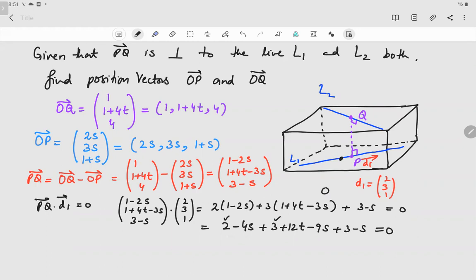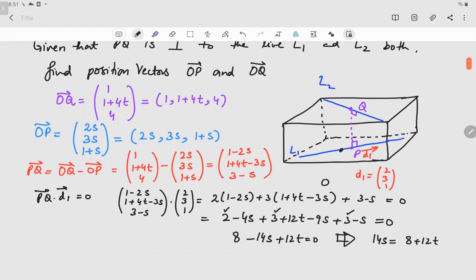This is 8 minus 14s plus 12t is equal to 0, and when I simplify it, 14s is equal to 8 plus 12t, so 7s is equal to 4 plus 6t. This is my first equation.